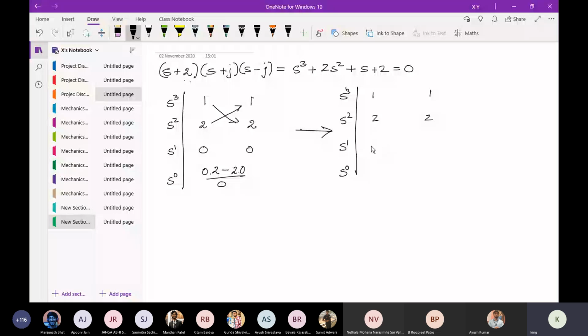But this 0, I'll replace by epsilon, and in that case, what am I going to get here? I'll be getting, right. So this, when I use an epsilon, now I can consider the epsilon to be a small number.